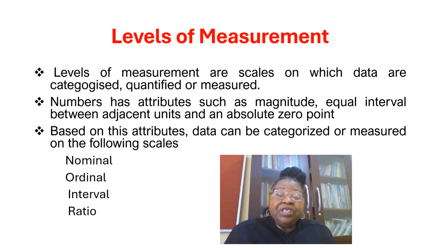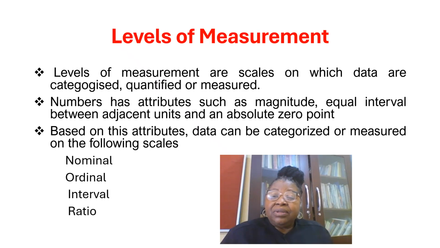Then another issue we need to consider is level of measurement. Levels of measurements are scales on which data are categorized, quantified or measured. You see, numbers have attributes such as magnitude, equal interval between adjacent units, or absolute 0 points.